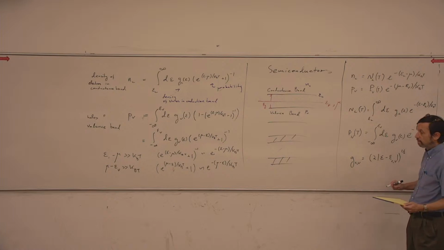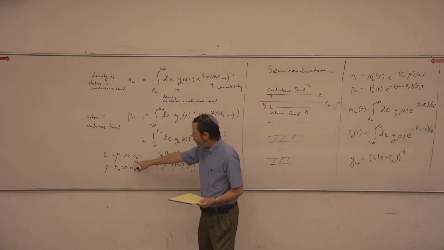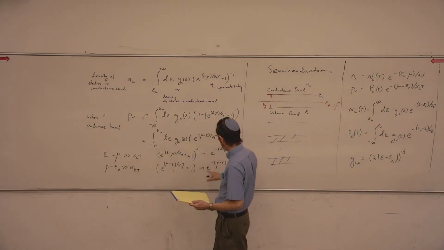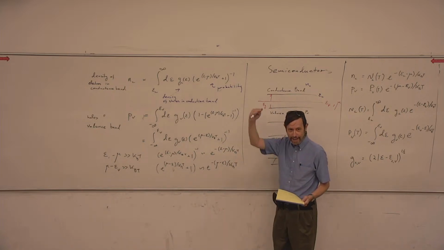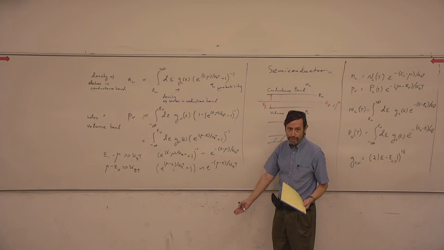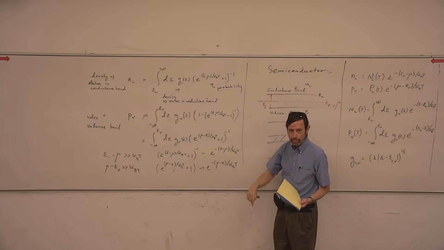You're just like, I am at the top, because at the end of the day, if this is correct, this is the occupation, it falls off exponentially as I go up in energy. So the bulk of my electrons are close to the edges of the band, either the lower edge or the top edge.